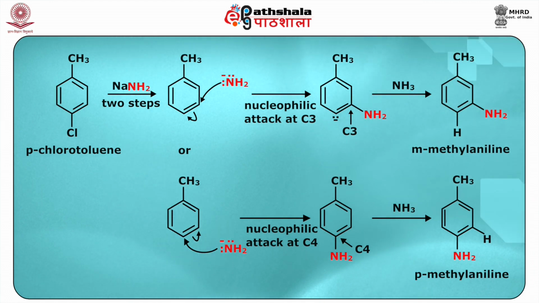Now, students, to illustrate what I said just now, you can see in the case of para-chlorotoluene that with a strong base, that is NaNH2, sodamide, it leads to the formation of para and meta substituted products. This is clearly shown here, that is, it takes place adjacent to the leaving group or on the leaving group.